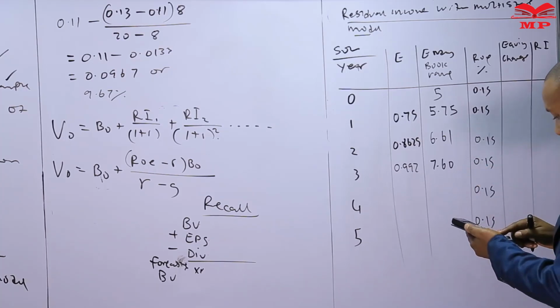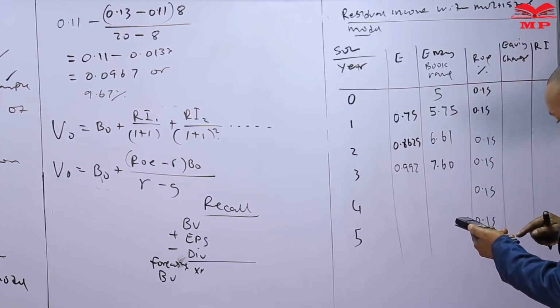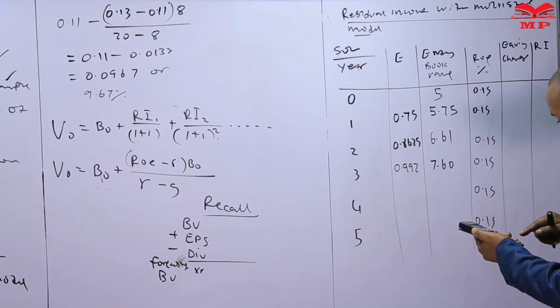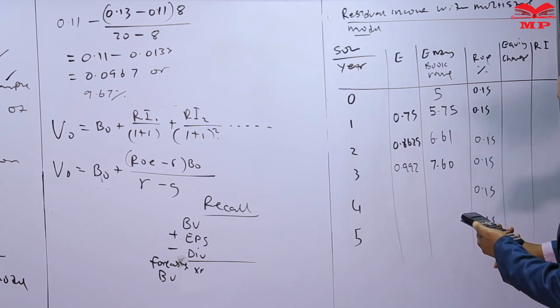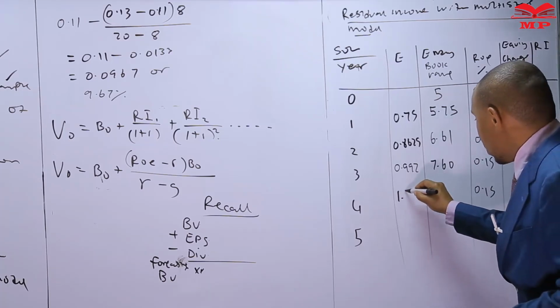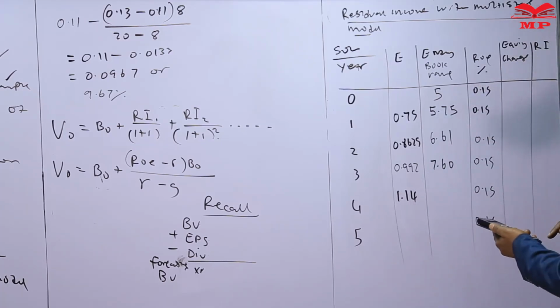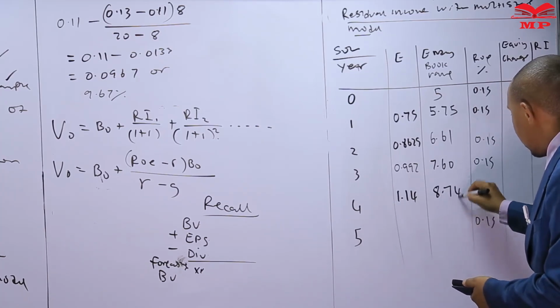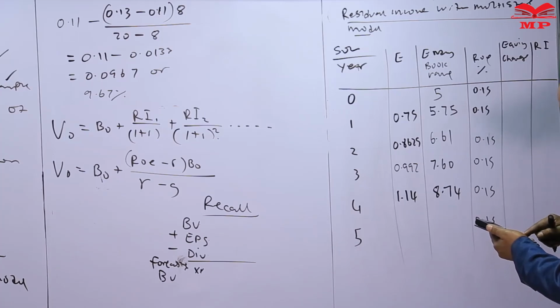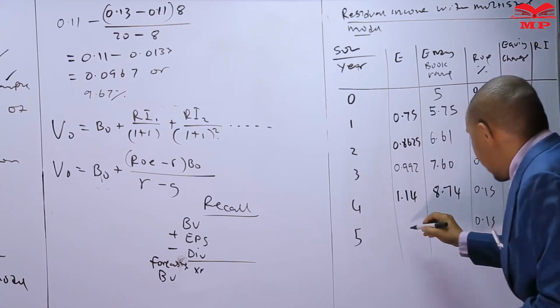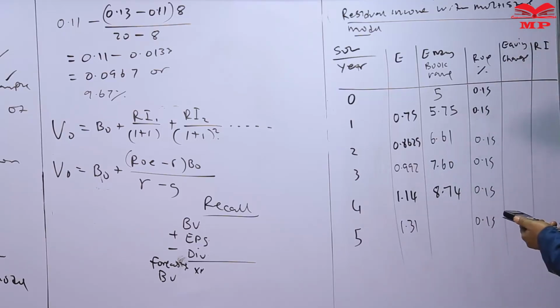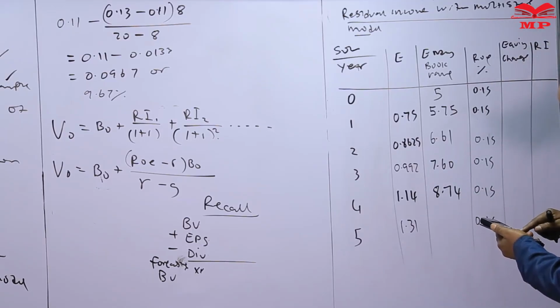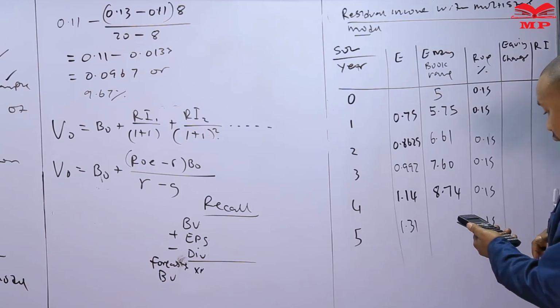This times that, 7.6 multiplied by 0.15, 1.14, plus 7.6, 8.74, multiplied by 0.15, 1.31, plus 8.74, 10.05.